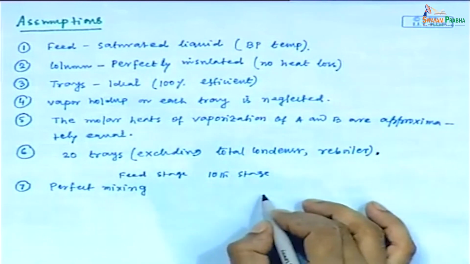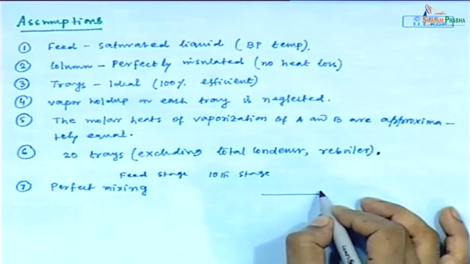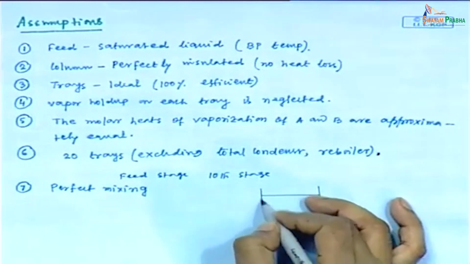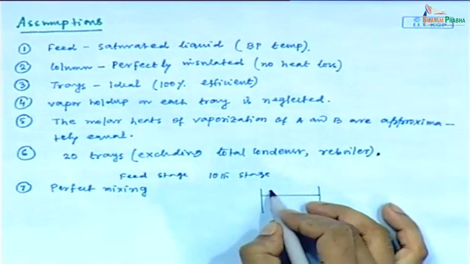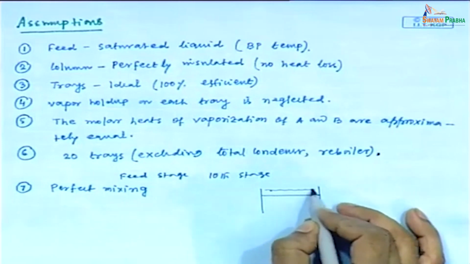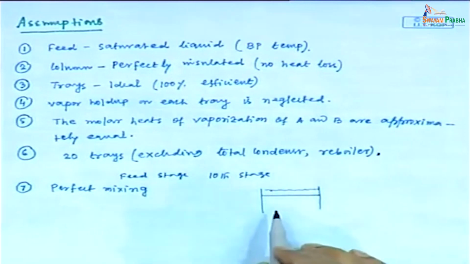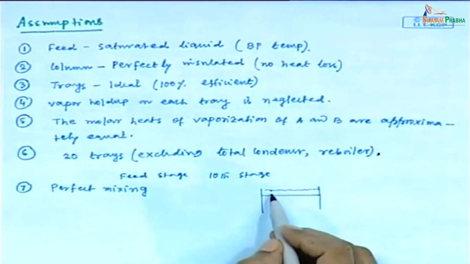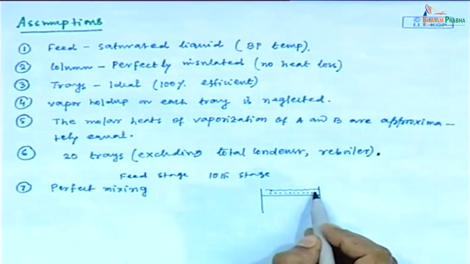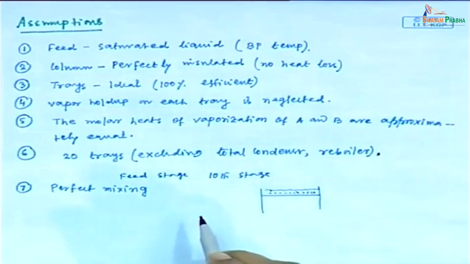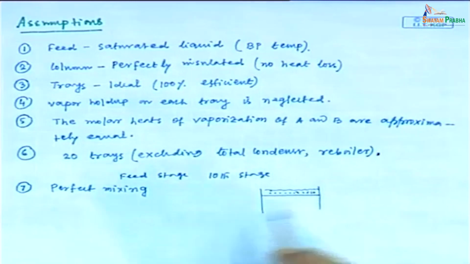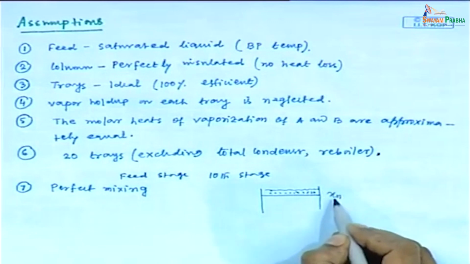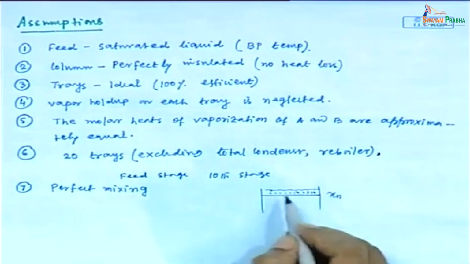That means, if this is a tray and this is the liquid stream, then with perfect mixing on each tray, the composition of the liquid everywhere is the same. If we represent the composition as Xn, that is identical everywhere on this stage.